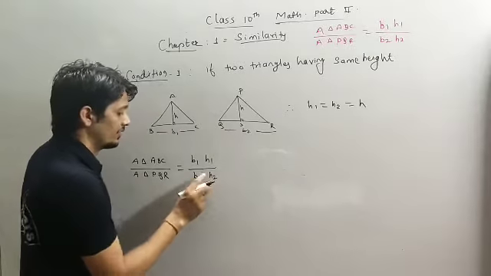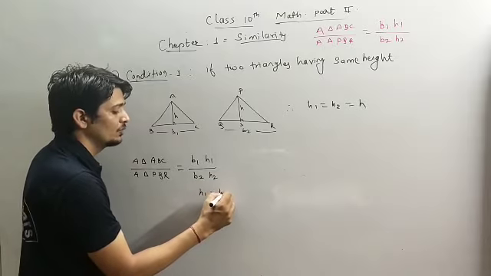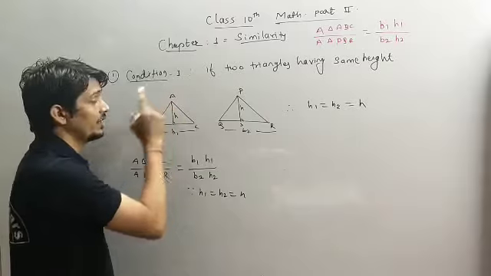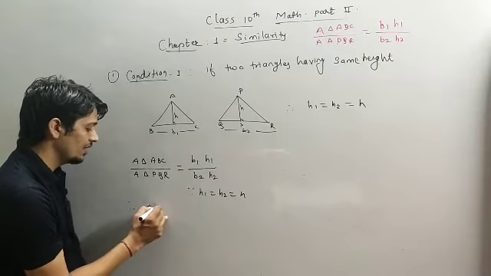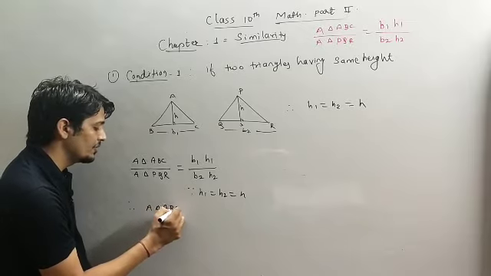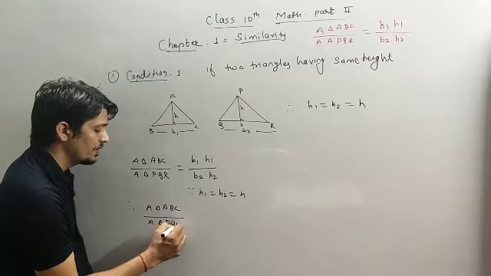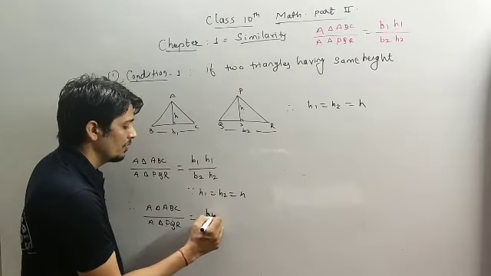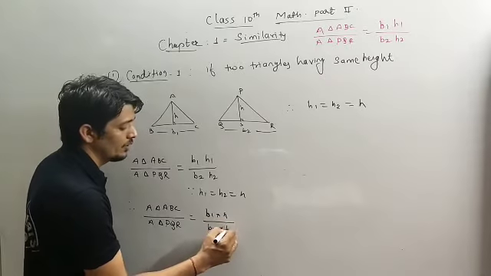Since we know H1 equals H2 equals H, according to the given condition, therefore we can write area of triangle ABC divided by area of triangle PQR equals B1 into H divided by B2 into H.